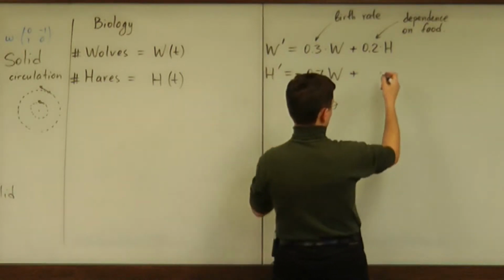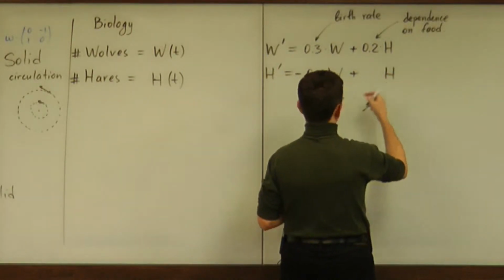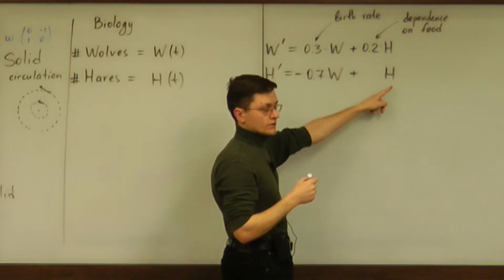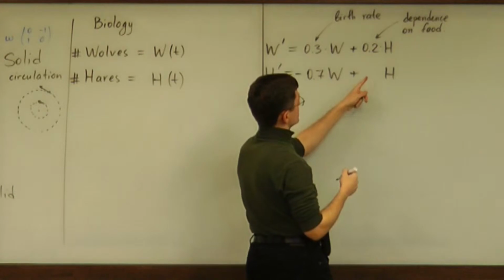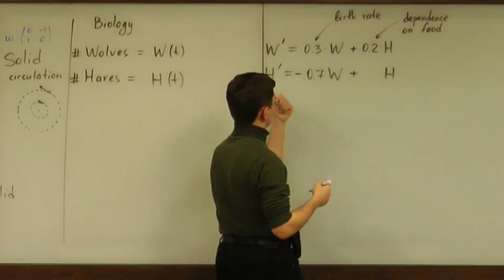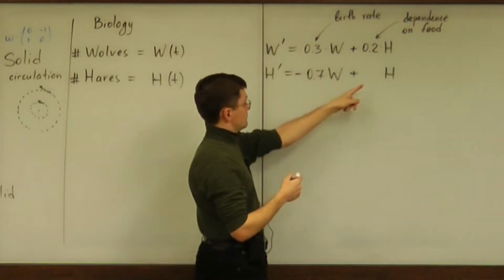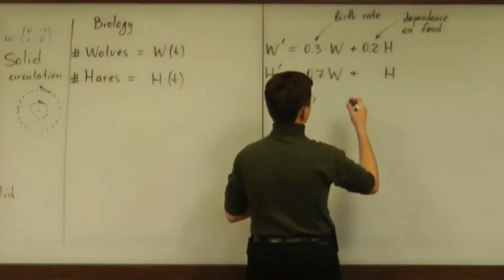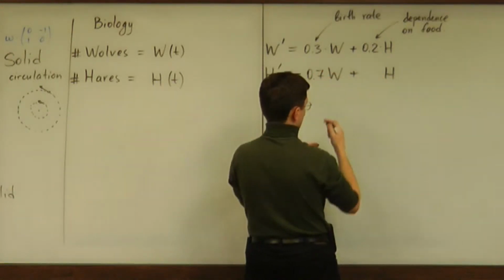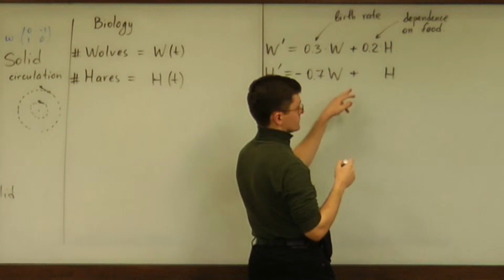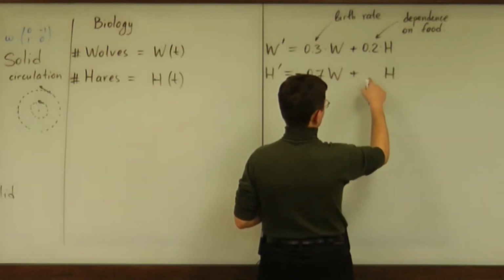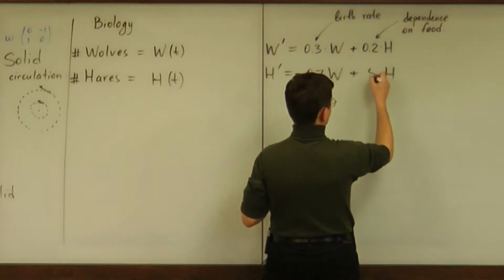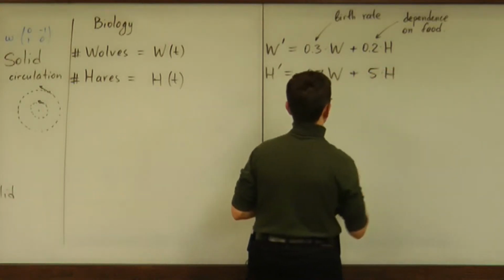But the population of hares also depends on the population itself, and the coefficient is going to be the birth rate of hares, and that is much greater than the birth rate of wolves. And that's exactly what is supposed to compensate this negative rate from predators. So this, let's put it, 5 times h.